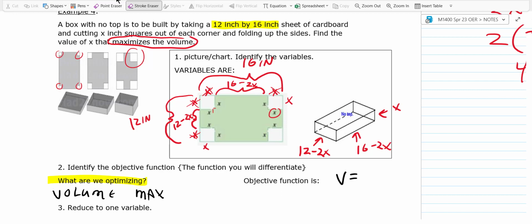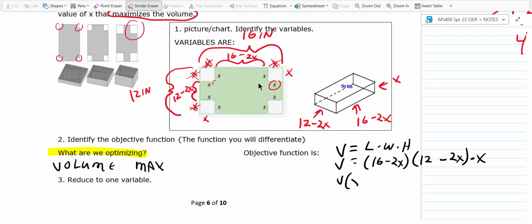Yeah, length times width times height. So the length is going to be 16 minus 2x, the width is going to be 12 minus 2x, and the height is going to be x.